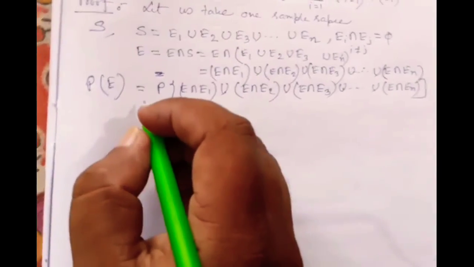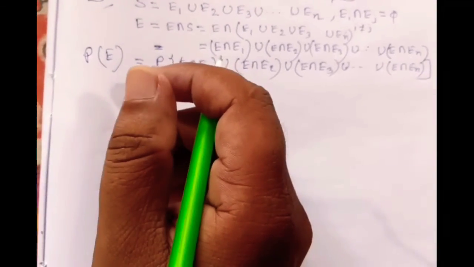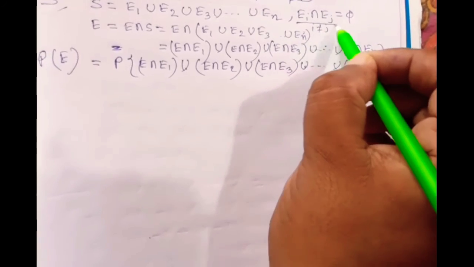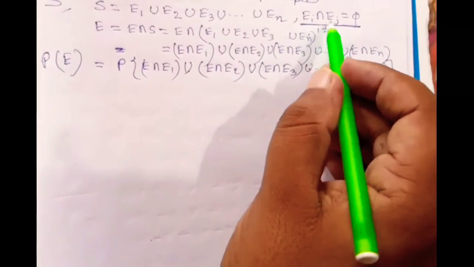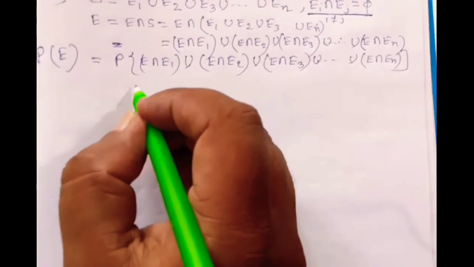Okay, now since they are disjoint, Ei intersection Ej equals phi, so they are disjoint.